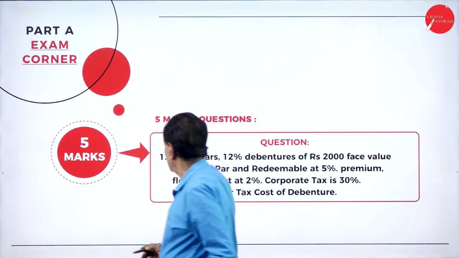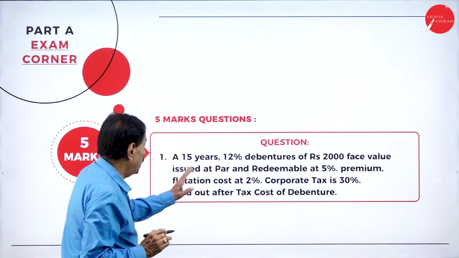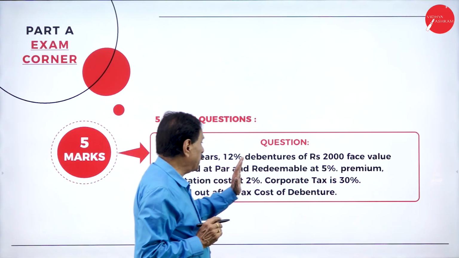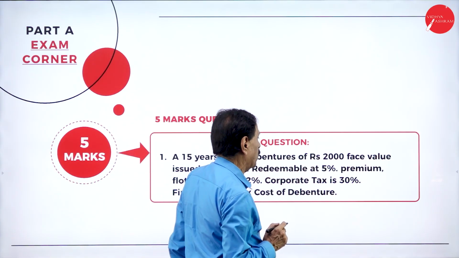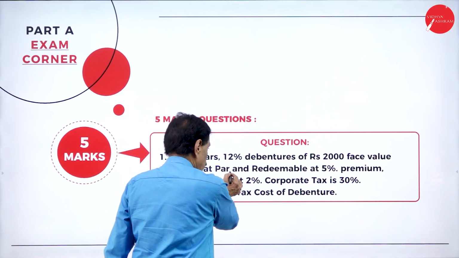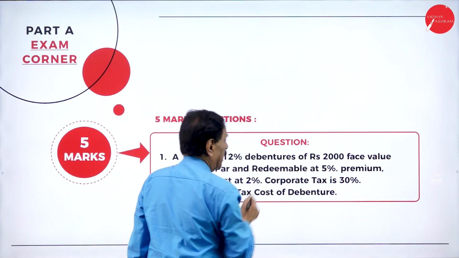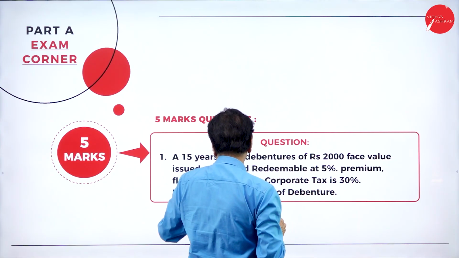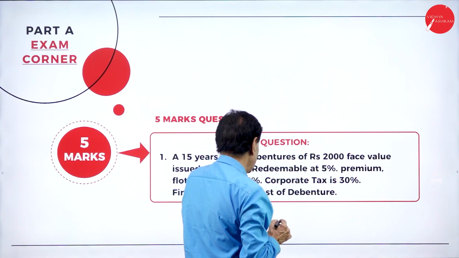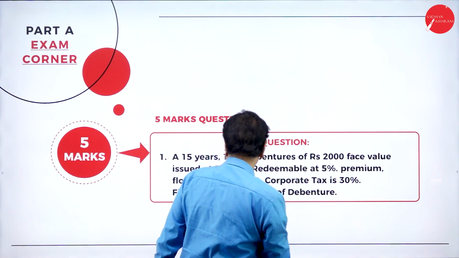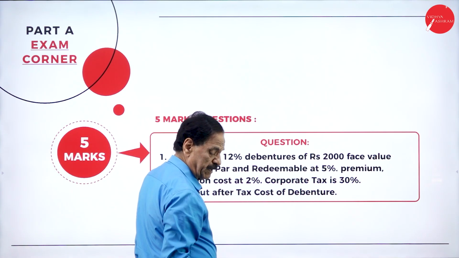First question, 5 marks question. A 15 years, 12% debenture of rupees 2000 face value issued at par and redeemable at 5% premium. Flotation cost is 2%. Corporate tax is 30%. Find out the after tax cost of debenture.